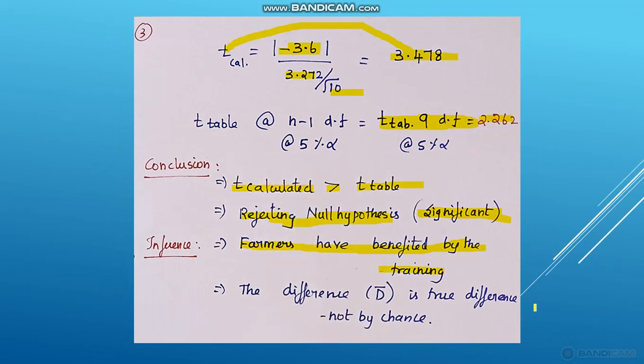So this is the conclusion: the farmers are benefited by training. The difference D bar is a true difference, not by chance. This is the conclusion and inference.